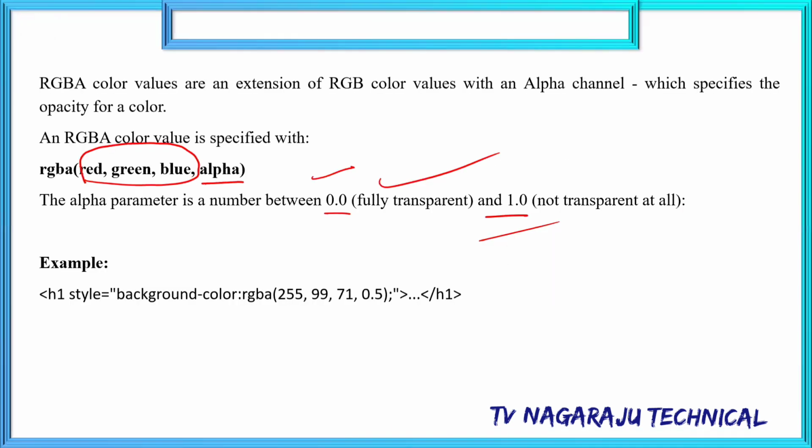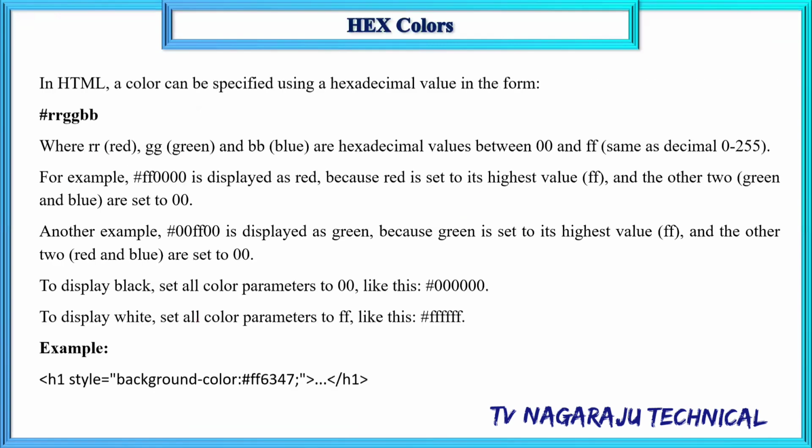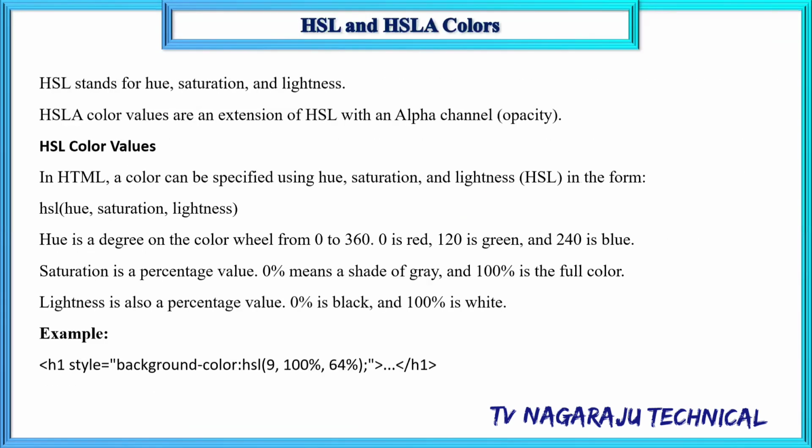So like this, we have given RGB. In exactly the similar fashion, you can give the color by using HSL. Here H specifies hue, S saturation, and L specifies lightness of the color. As usual, additional opacity can also be added.